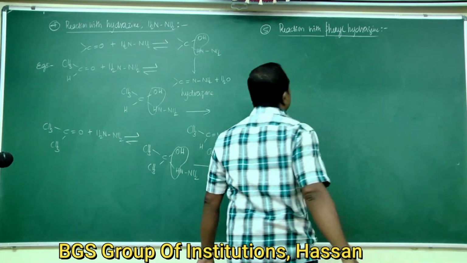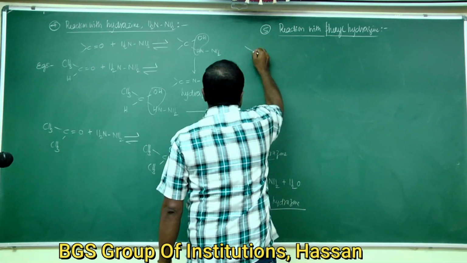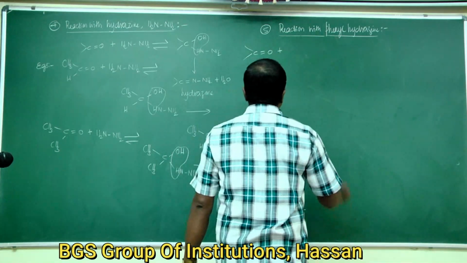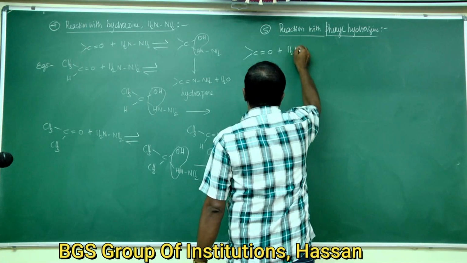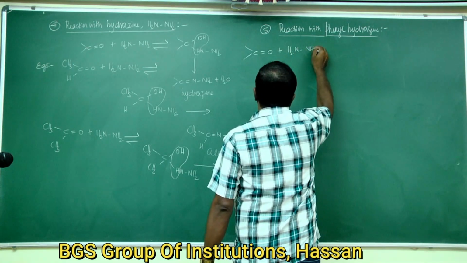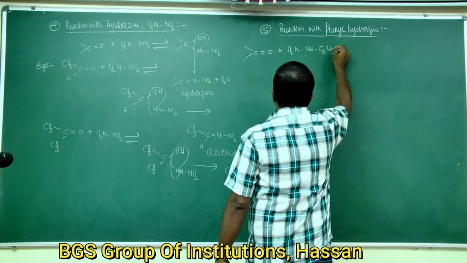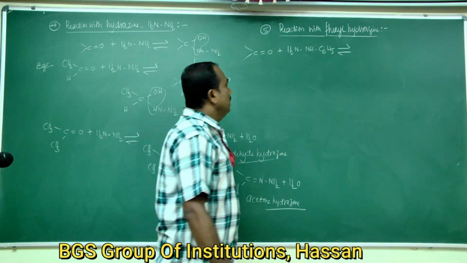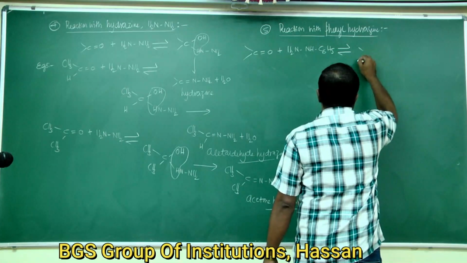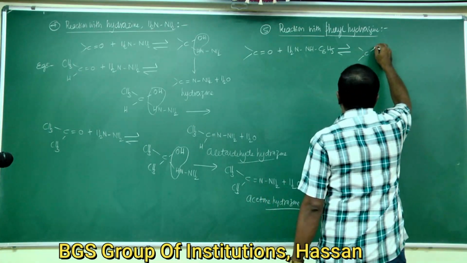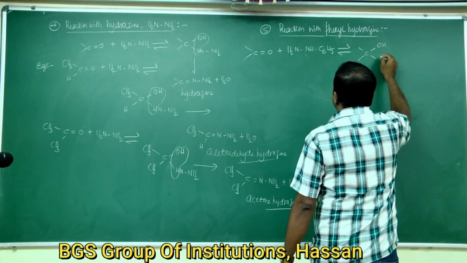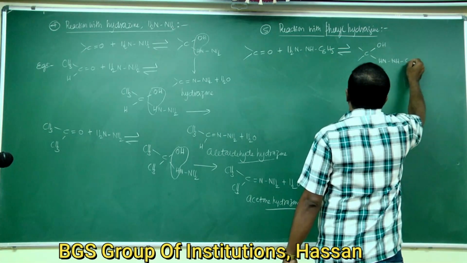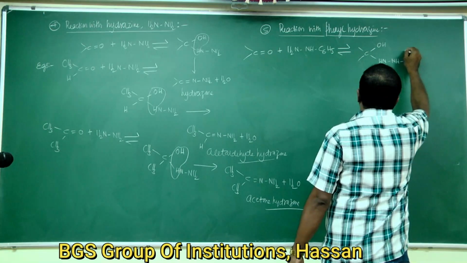Carbonyl compounds on treating with phenylhydrazine, that is C6H5NHNH2, give the intermediate C with OH and NH connected to C6H5.